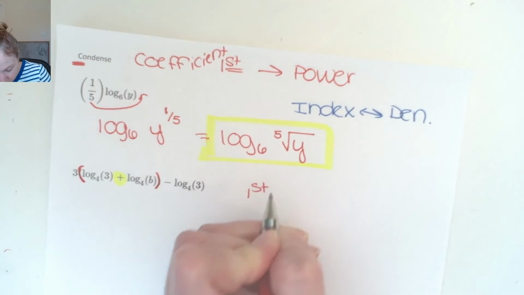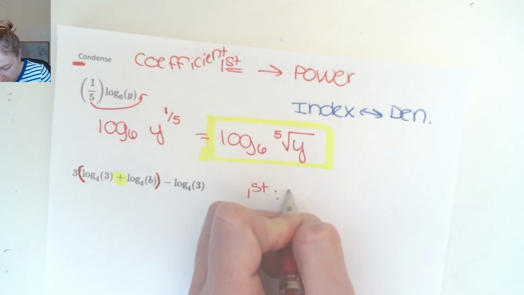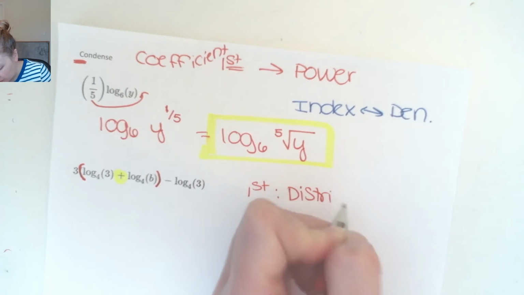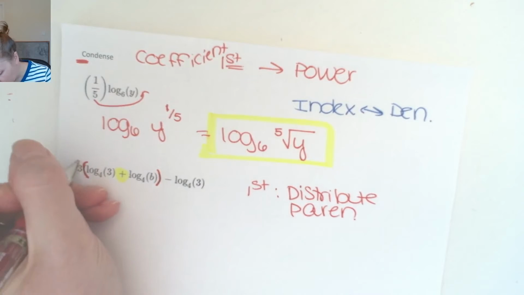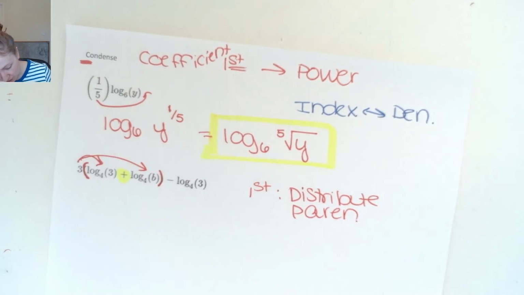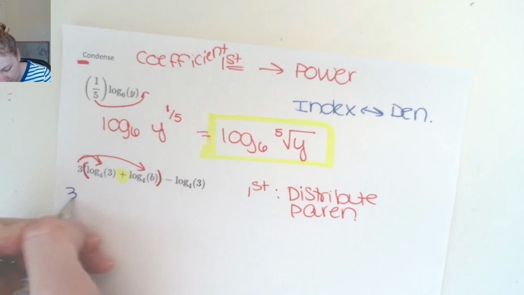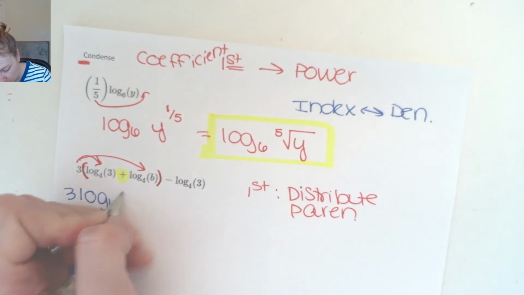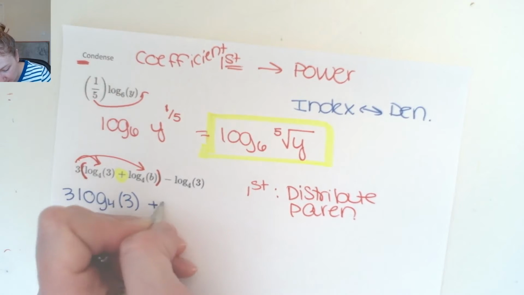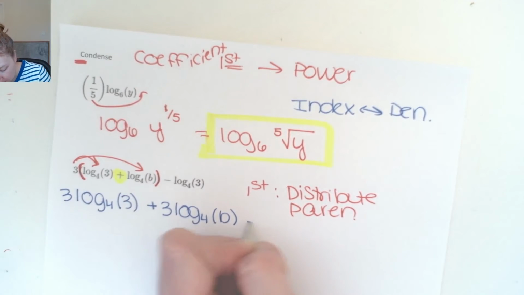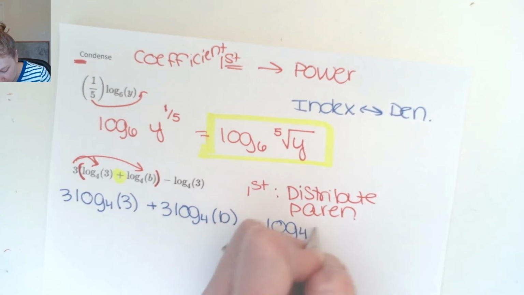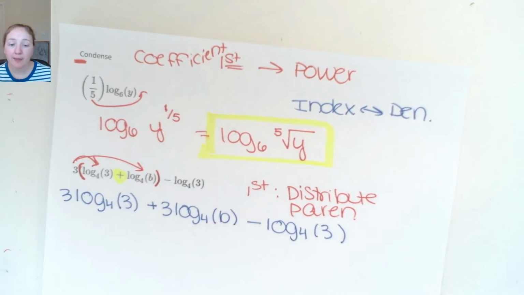What I am going to do here is I'm first going to deal with the parentheses. I'm not going to use any sort of log property. I'm just going to distribute that. So it becomes 3 log base 4 of 3 plus 3 log base 4 of b, and then minus log base 4 of 3.